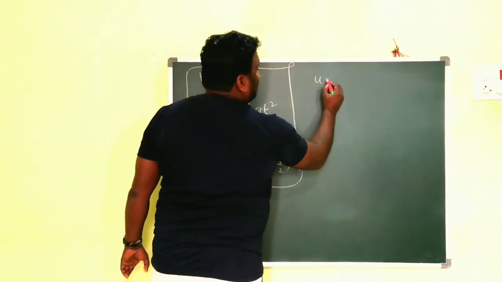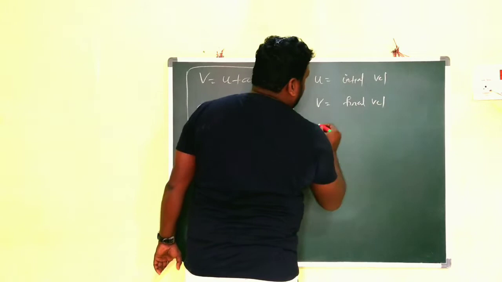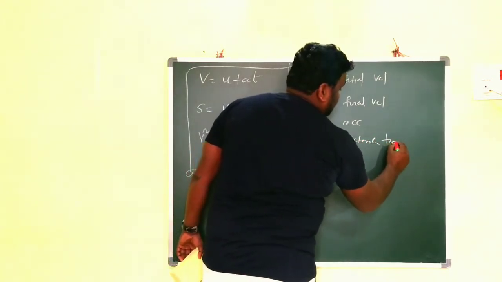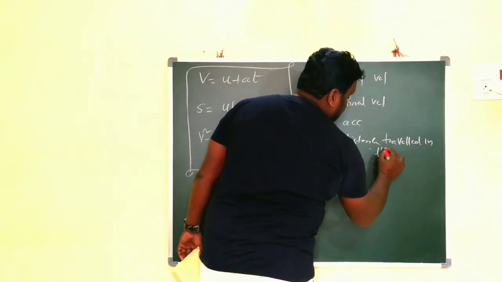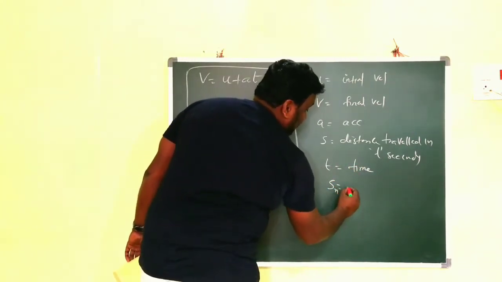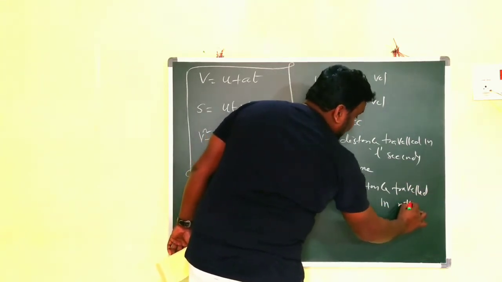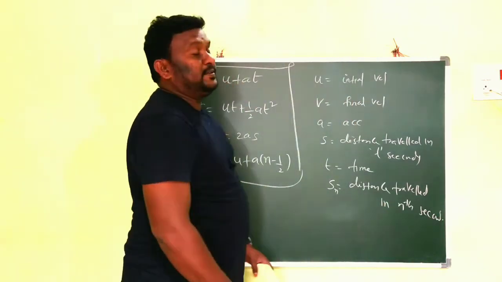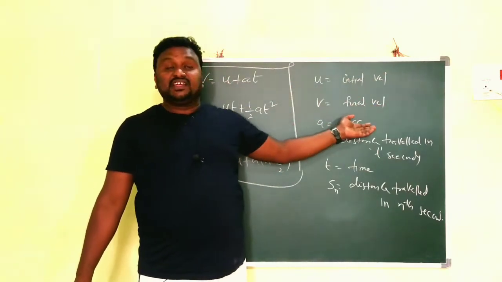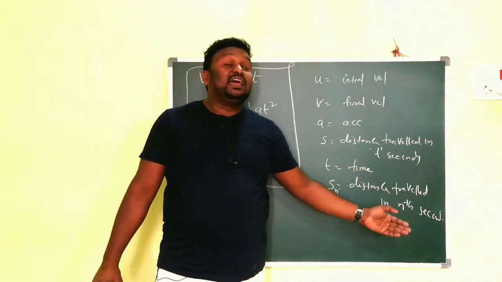Clear? In those equations, u is the initial velocity, v is the final velocity, a is the acceleration, s is the distance traveled in t seconds, t is the time, and Sn is the distance traveled in the nth second.